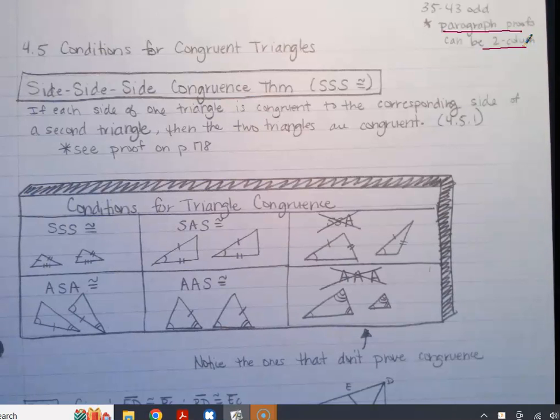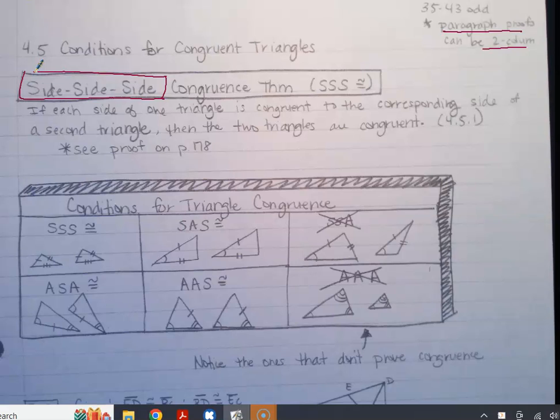All right, so we've got some conditions for congruent triangles today. Next up is the side-side-side congruence theorem, or the SSS congruence. What do you think the side-side-side is going to say?